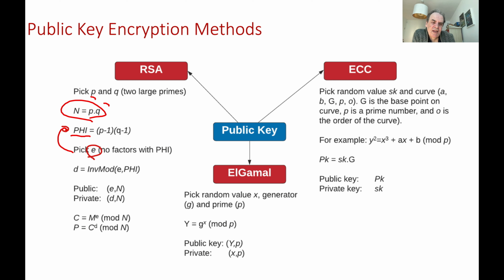And then we do an inverse mod of e mod phi. I'll explain that in a little minute. We then end up with a public key and a private key. The public key is e and n, and the private key is d and n. When we cipher, we take the message and we raise it to the power of e mod n, and then when we want to decipher, we take the cipher and raise it to the power of d mod n, and it should work.